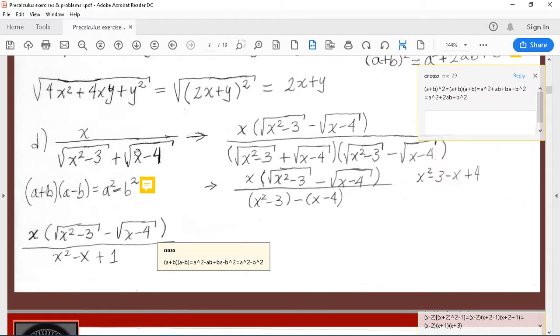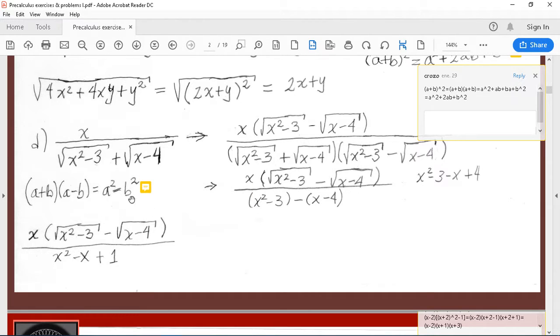Okay, so now let's go to the fourth term. The fourth term is x over the square roots of x squared minus 3 and x minus 4. So here the simplification is simply to take away these radicals and simplify the denominator. That is accomplished by multiplying the numerator and the denominator by the difference of these two radicals.